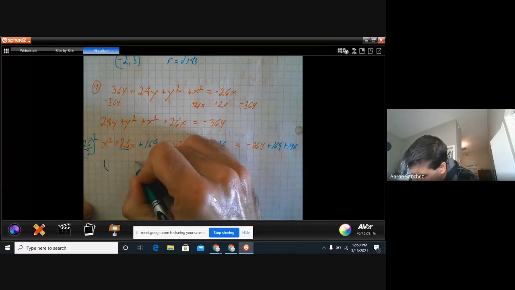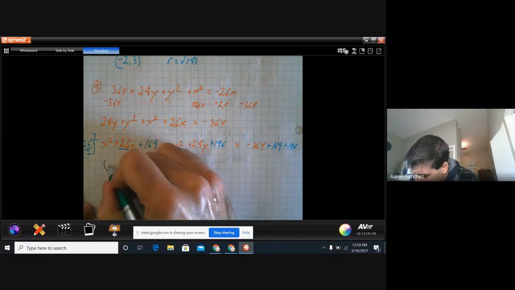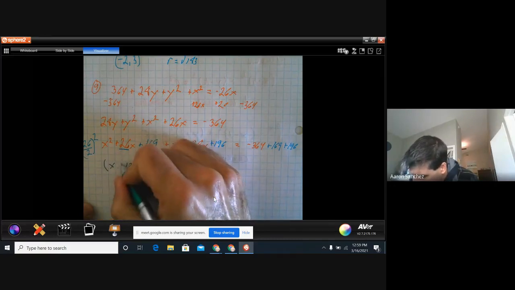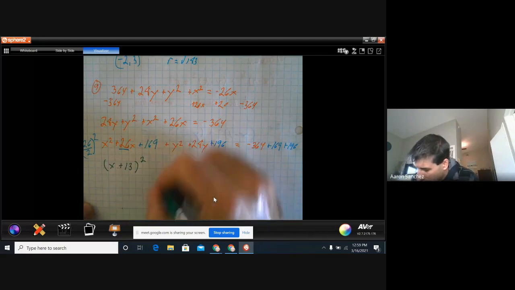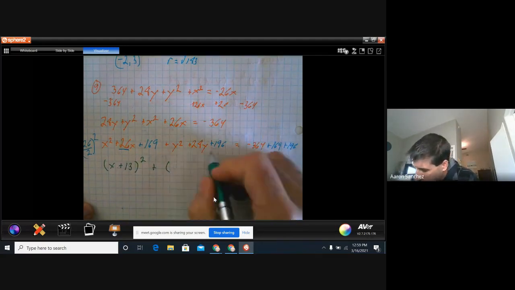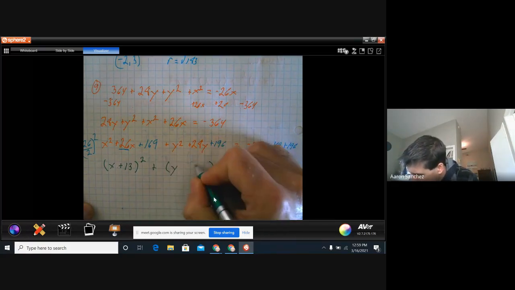If you don't know how to do this, stay after class with me. Factor this. Square root of x squared is x. Square root of 169 is 13. And then you put the plus in between. Since this is a perfect square, square root of y squared is y. Square root of 196 is 14. And then you put a plus in between.